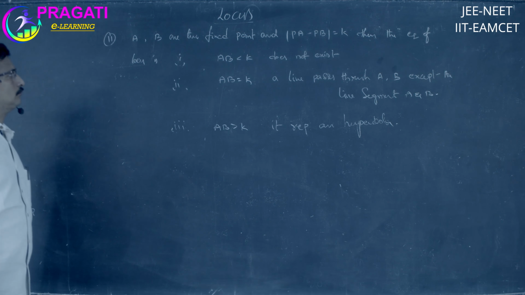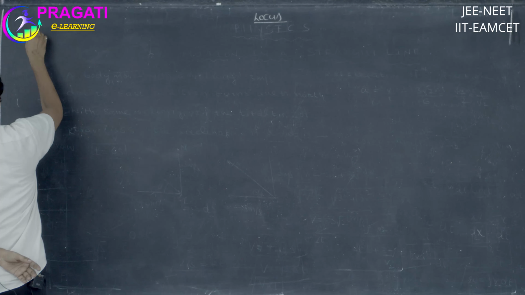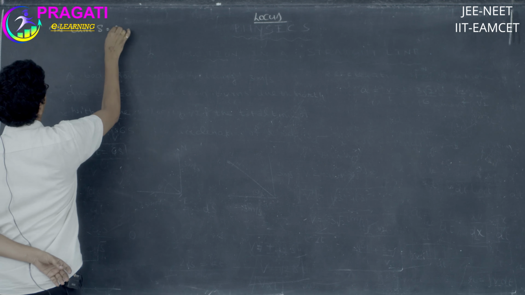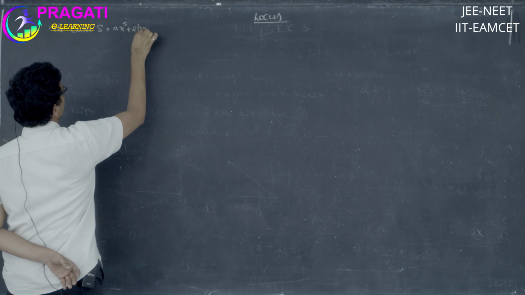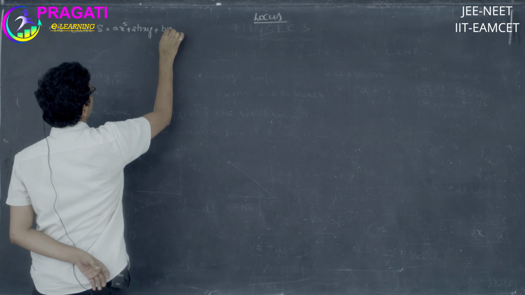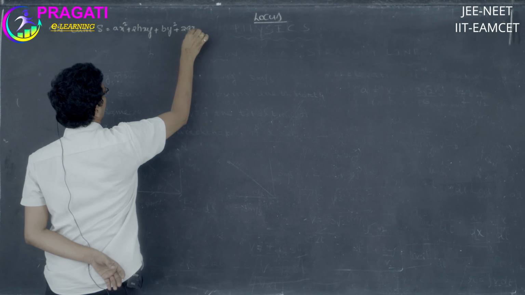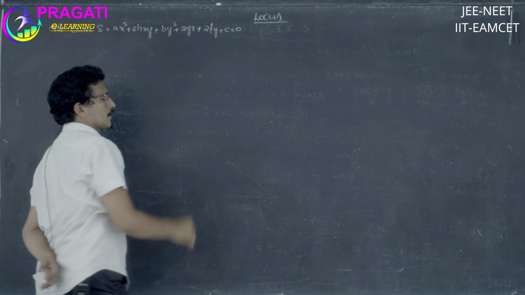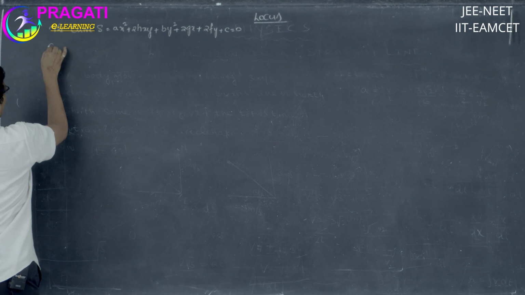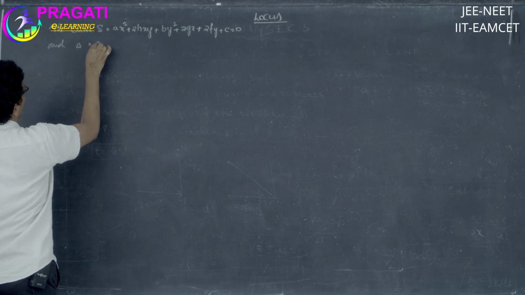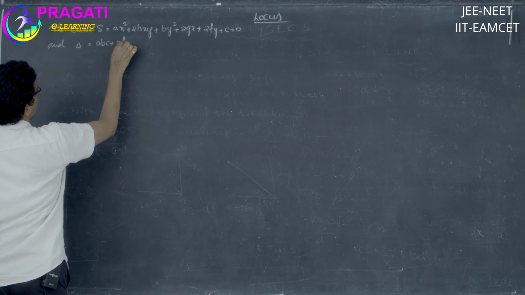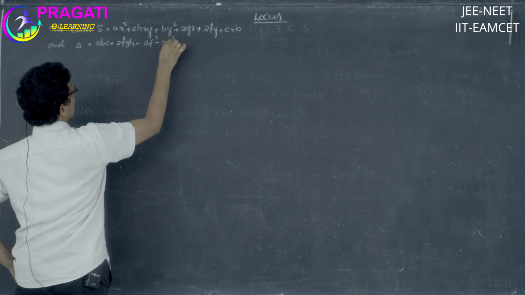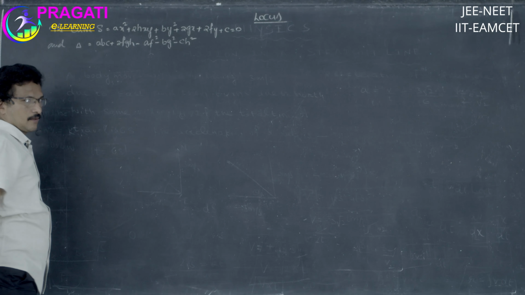Okay. And the next one is the curve S equal to ax square plus 2hxy plus by square plus 2gx plus 2fy plus c equal to 0, and delta equal to abc plus 2fgh minus af square minus bg square minus ch square.